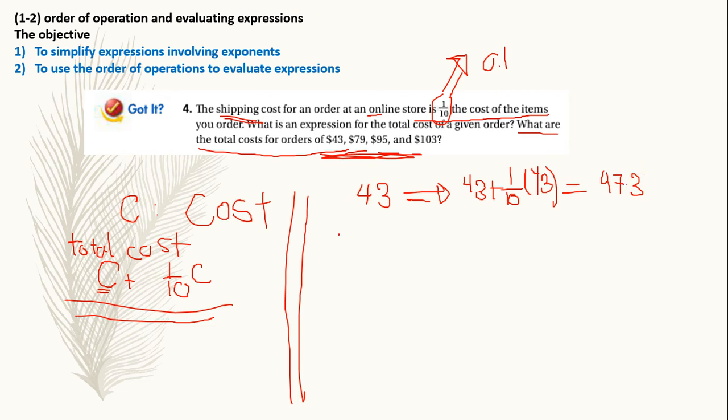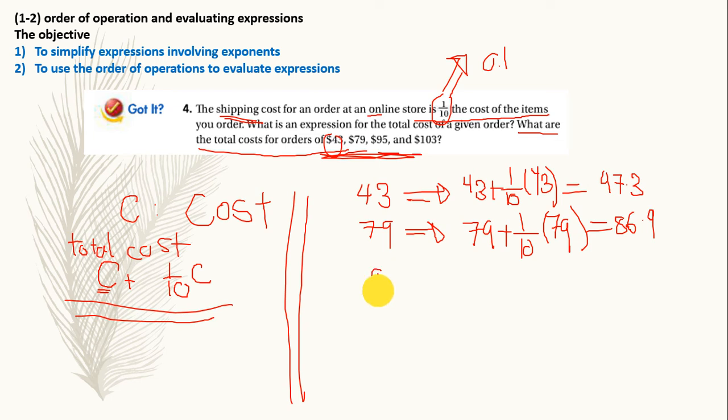Once you have 79, you will say 79 plus 1/10 times 79, which equals 86.9.